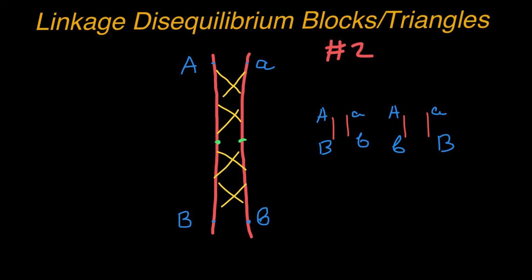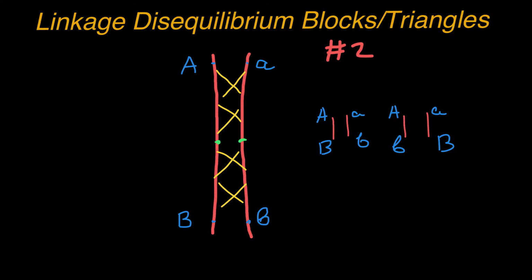So only an odd number of crossing overs would give us hybrids, and an even number of crossing overs would give us the same variant: small a, small b, and capital A and capital B.